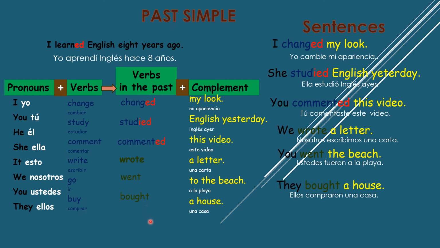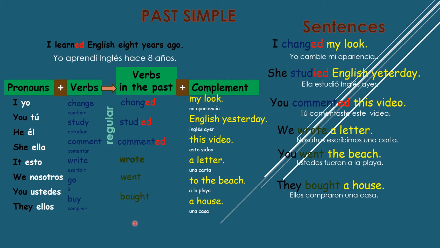A ver, aquí tenemos los verbos y ahora usted se preguntará, ¿cómo sé cuándo cambian de esta forma o cuándo cambian de esta forma? Al inicio del año escolar yo le entregué una hoja con los verbos regulares y los verbos irregulares, ¿sí? Entonces usted se puede ayudar de esa hoja, pero también le voy a explicar unas cuantas claves para que usted aprenda a reconocer.